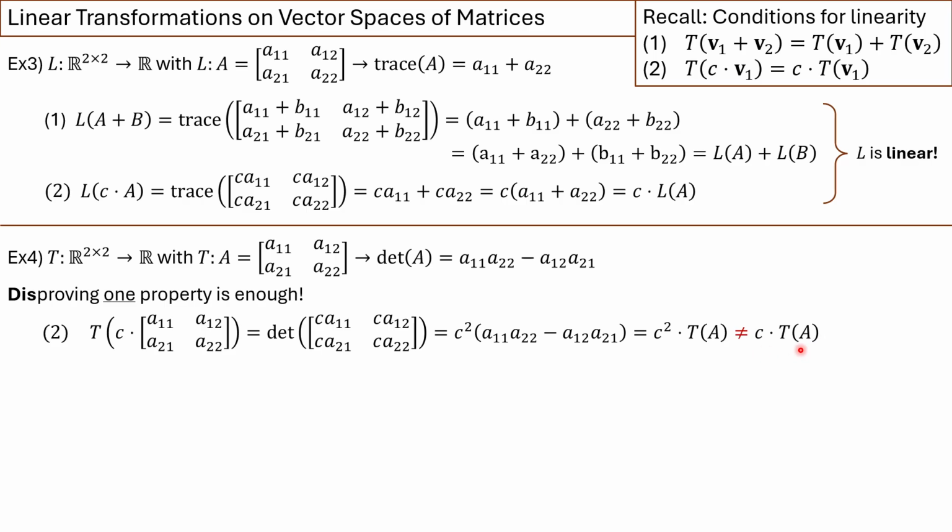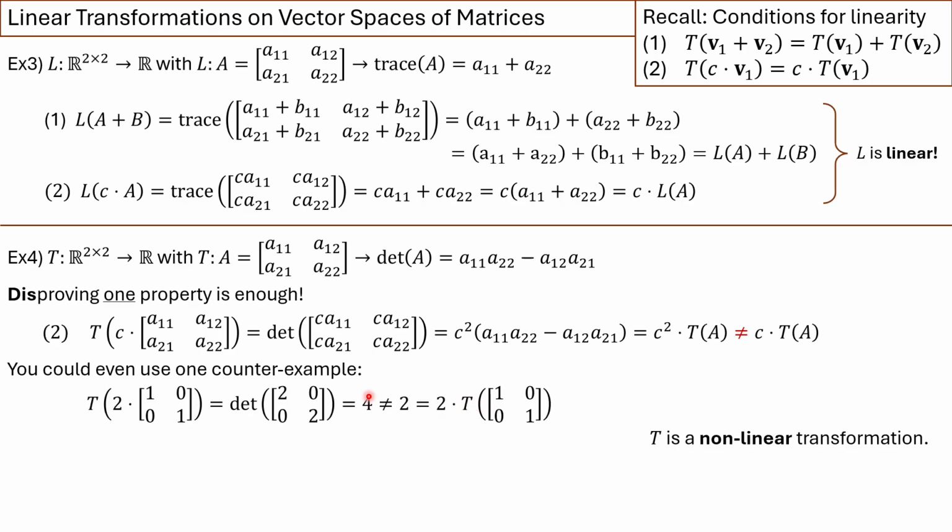Now, we prove this with one specific example. Remember, if you're trying to prove that it's a linear transformation, you have to check both properties and prove both for all possible inputs. To disprove that it's a linear transformation, all you have to do is disprove one property, or even use a counterexample for one property at one specific valid input point. So for example, if we take the identity matrix, that's certainly a valid 2 by 2 matrix.